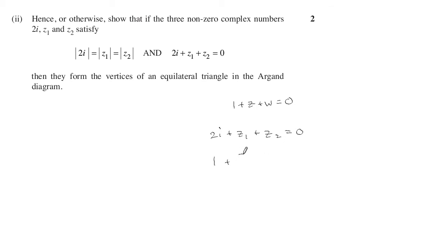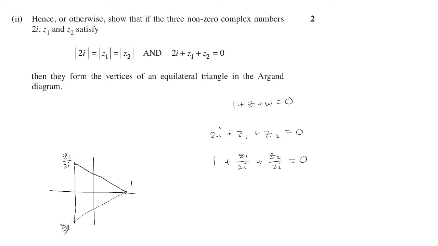So you get 1 plus z1 on 2i plus z2 on 2i equals 0. And because we know that z1 has the same modulus as 2i, this is going to have a modulus of 1, just like z did in part 1. So we know from part 1 that these 3 will form the corners of an equilateral triangle. So they're going to be like this, where there's 1, and then there's z1 on 2i, and z2 on 2i.